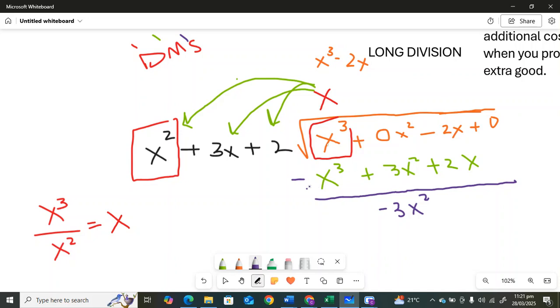Negative 2x minus 2x, you get negative 4x. Okay, this is 0, you can bring it down. Okay, we are done with the first cycle. Before we go to the next cycle, questions?